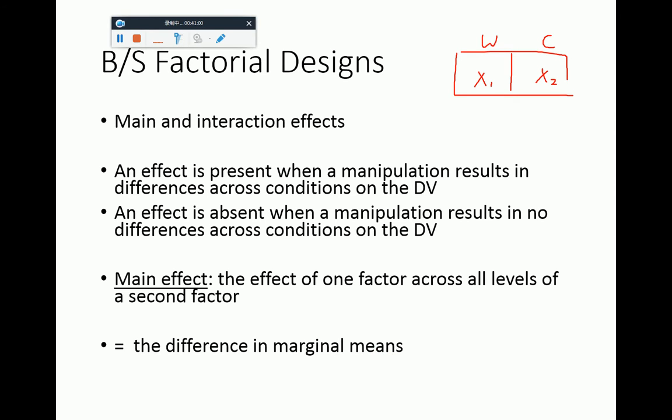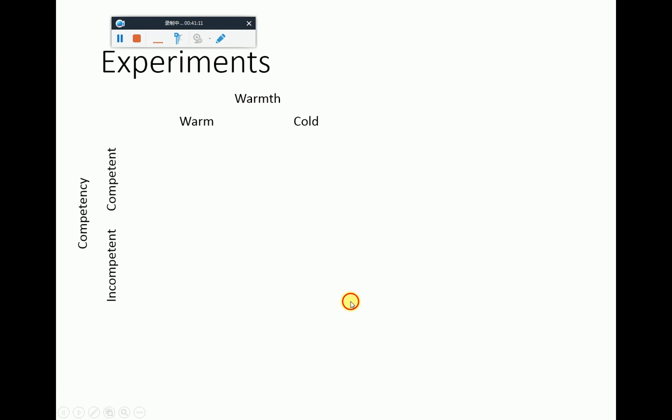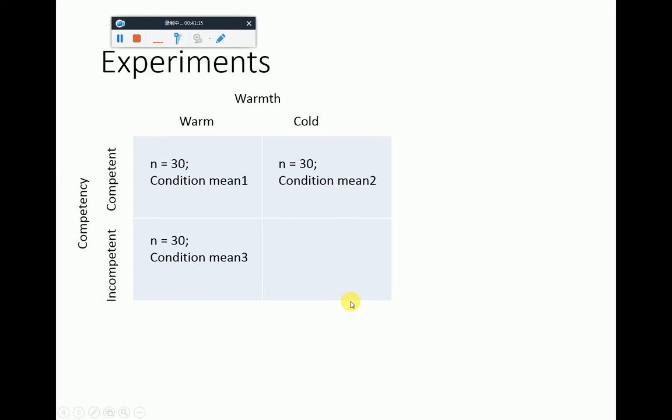You will say, well, hang on, Andrew. I don't understand a single word you just said in these two sentences. That's okay, right? And that's what the next slide is for. So let's return to this 2x2 table, okay? Formed by the two factors, competency and warmth, each of them having two conditions: warm, cold, competent, incompetent.